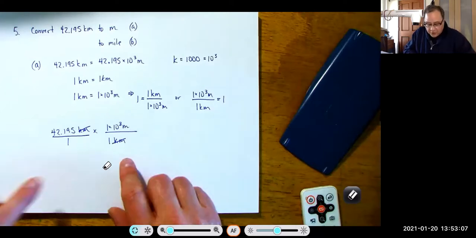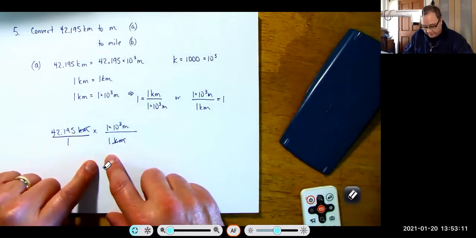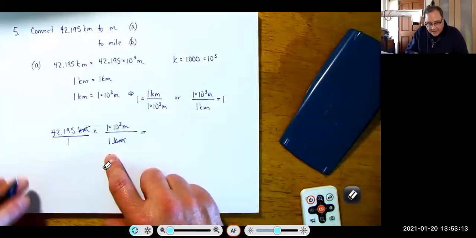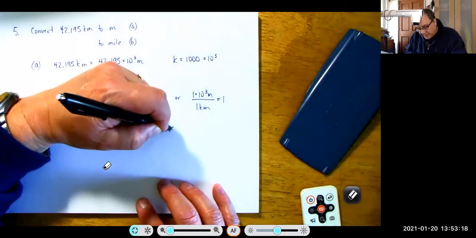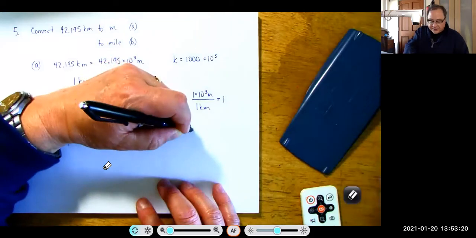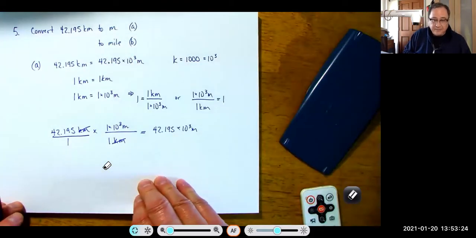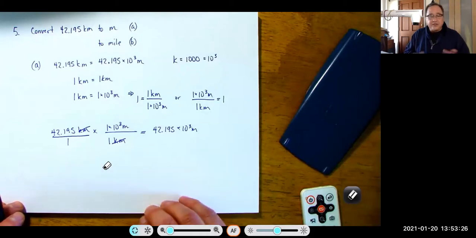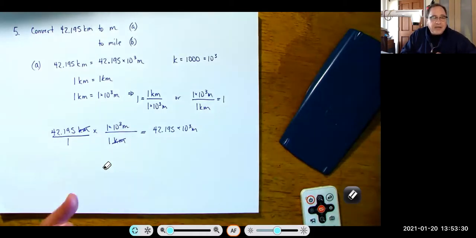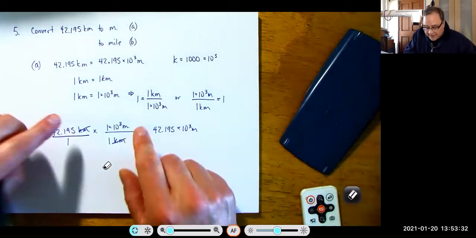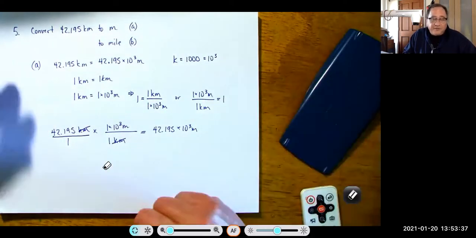When I have a kilometer in the numerator and another kilometer in the denominator, they cancel. So when I tidy this up, I get 42.195 times 10 to the 3rd meters, which is the same answer I got by substitution. So these are the 2 ways of doing it. And by memorizing that K means 10 to the 3rd, I can get that conversion very easily.